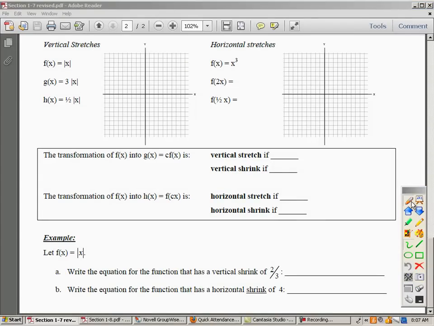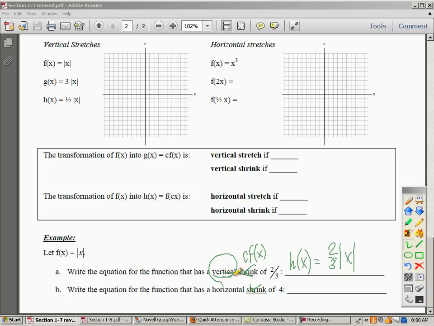If I want a vertical, and it doesn't matter stretch or shrink, but if I just want something vertical, vertical goes out in front of my function. So c times f of x, which means this new function h is 2/3 times the absolute value of x. So vertical, and truthfully, don't worry about the word shrink or stretch. It really, at this point, doesn't matter.